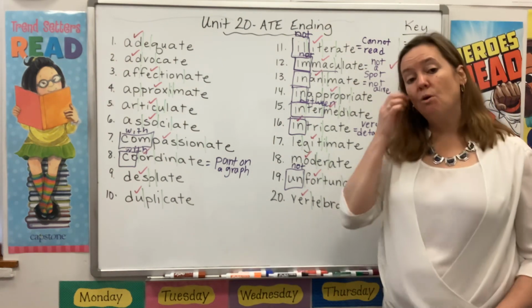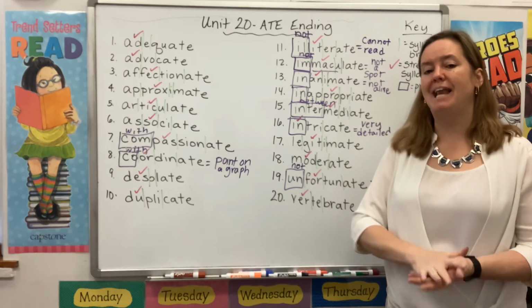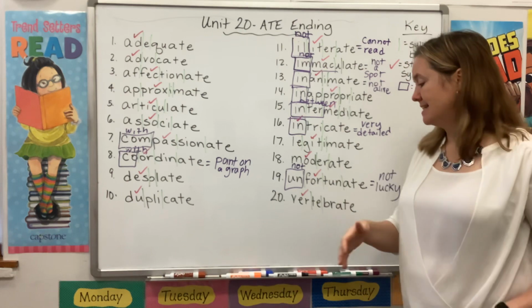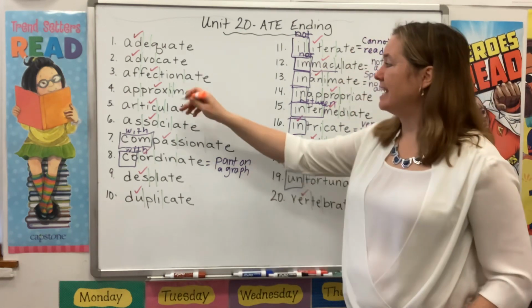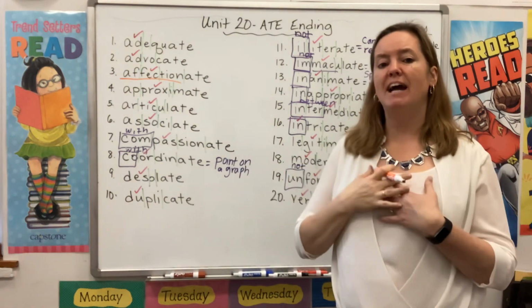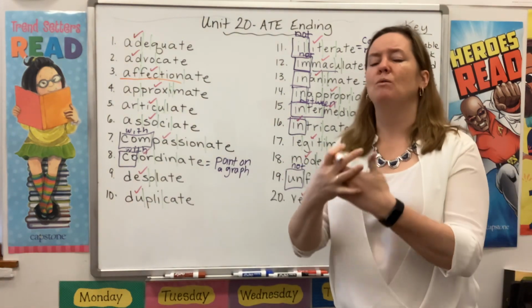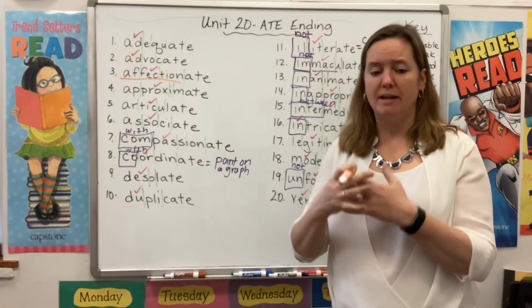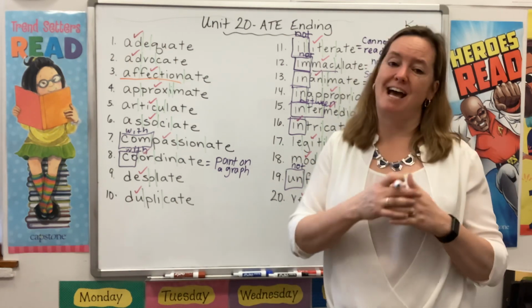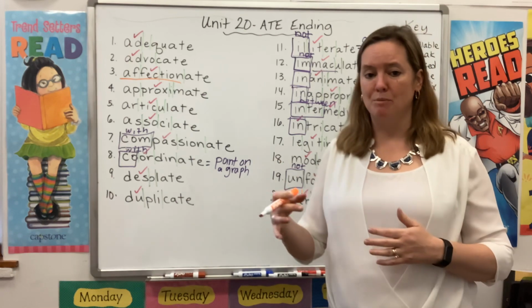Okay, so I told you that sometimes we can change a noun to an adjective by adding the ate ending. So we see that here. Here's the word affection. Affection is love and warmth. It's good feelings, right? You show affection to your mom, your dad, your puppy, or your baby brother, right?